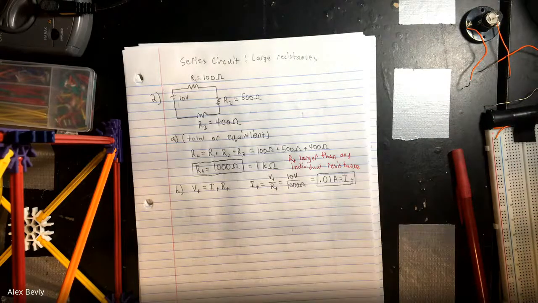And again, by the way, 1 amp is a pretty large amount of current. It only takes about 0.01 to 0.05 amps across the heart to stop it. And then 0.075 amps across the heart will almost certainly kill you. So 1 amp is pretty large. Again, it's hard to actually send that through your body.